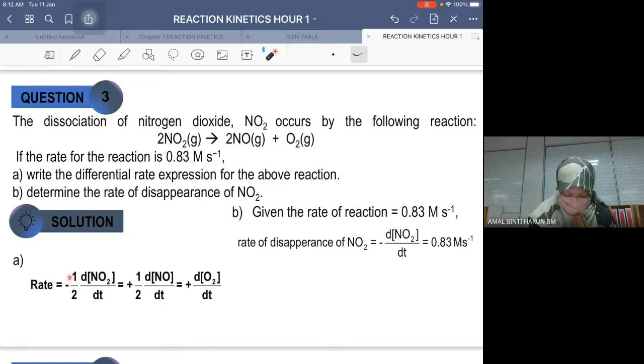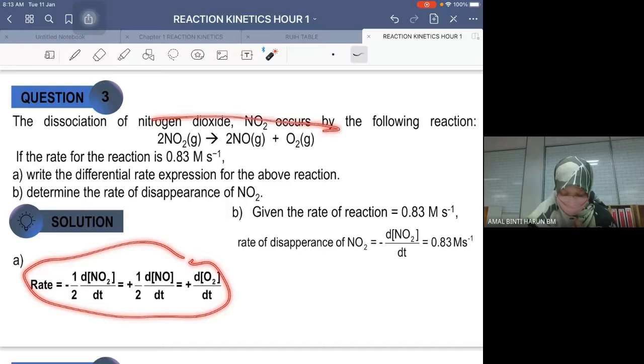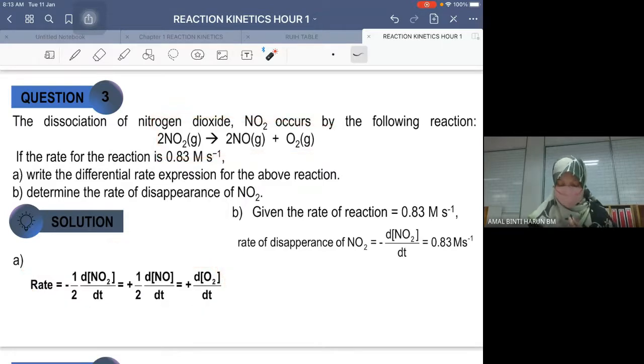It begins with the rate, negative 1/2 for this one, equal to producing this one, referring to this one, and then here the product is positive. Negative is for the reactant. If there is no negative, it is a product. That is how it is, because there is a question where they give the differential rate equation and ask students to write the reaction equation.